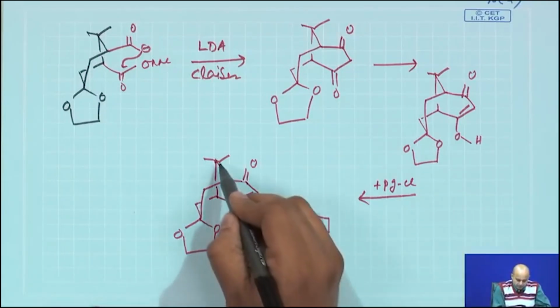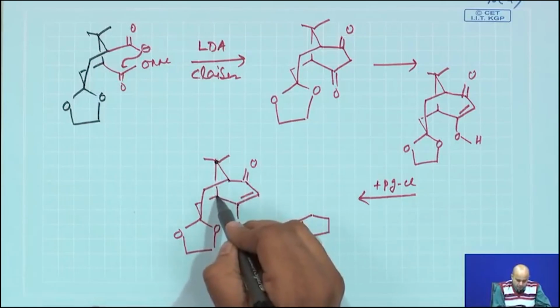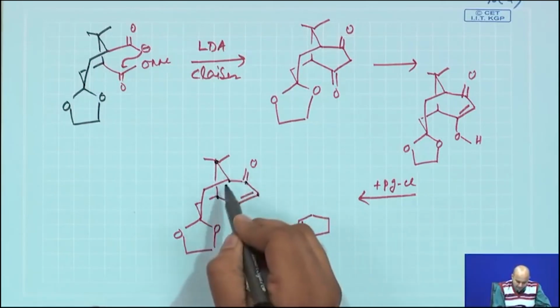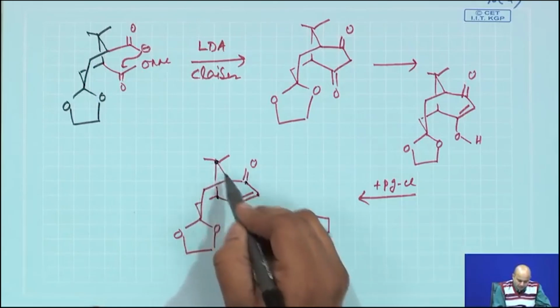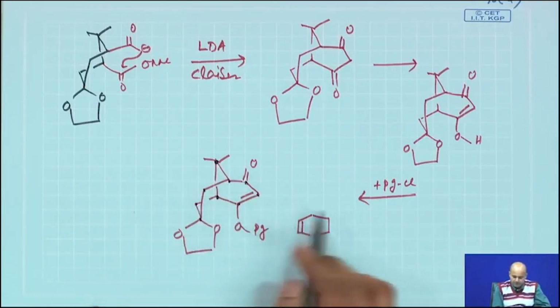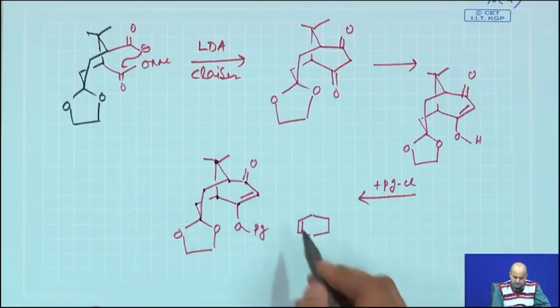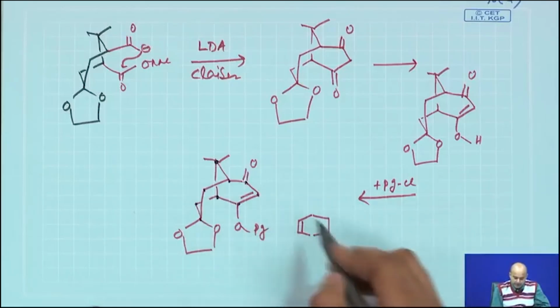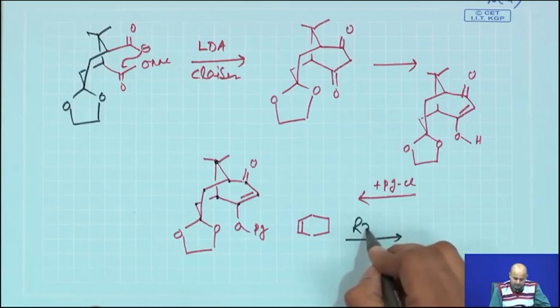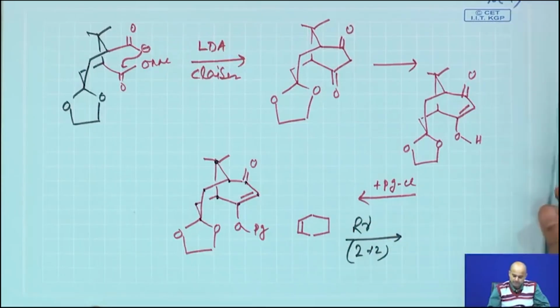This is 1, 2, 3, 4, 5, 6, and the left hand side 1, 2, 3, 4, 5, 6. So, it is a bridge structure, 6 member bridge structure. Now, you are reacting this compound with cyclohexene in h nu, a 2+2 reaction.